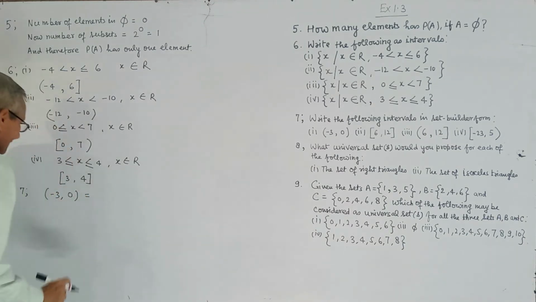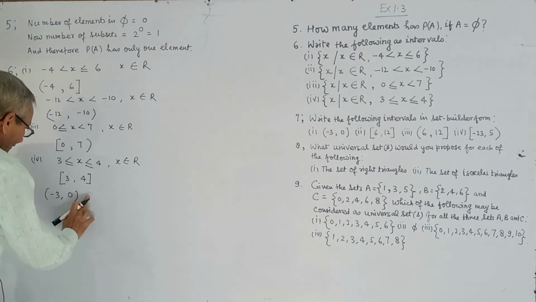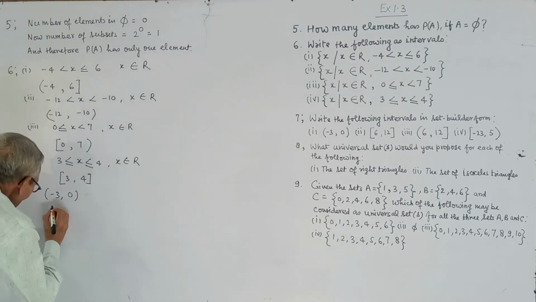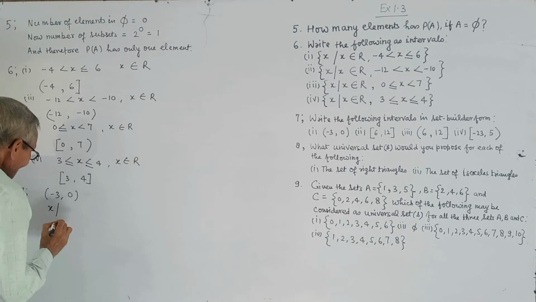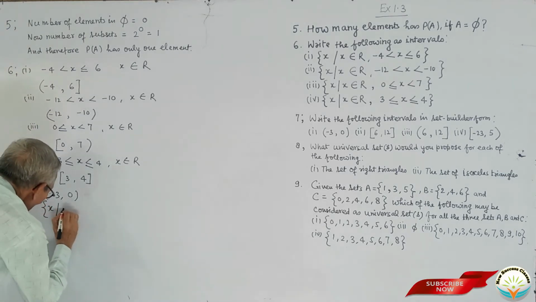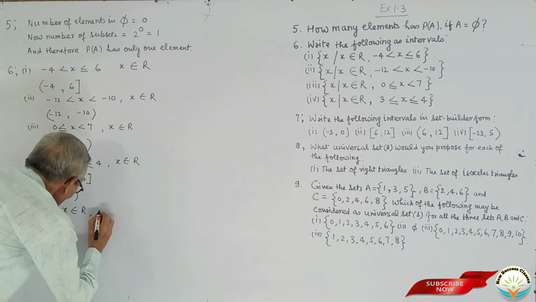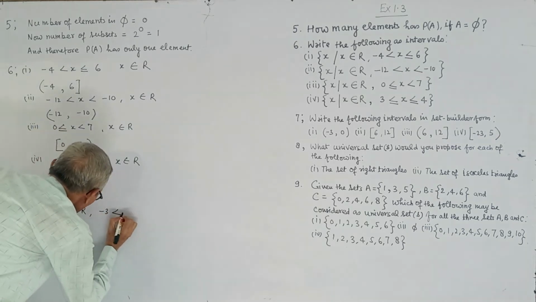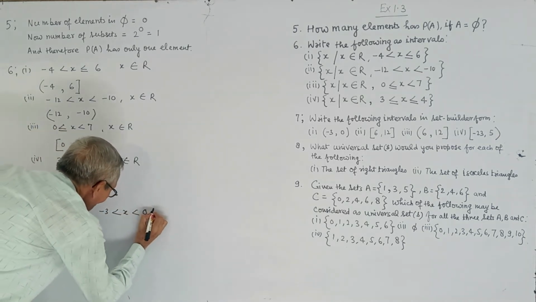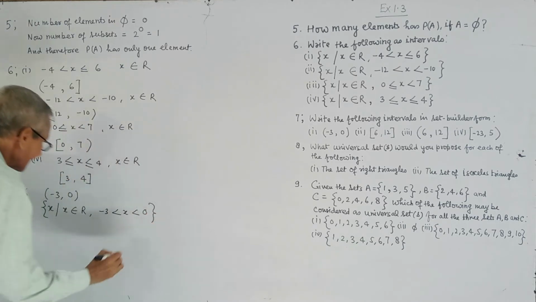That means you can write this in this way: x such that x belongs to R and negative 3 is less than x is less than 0. So this is the set.